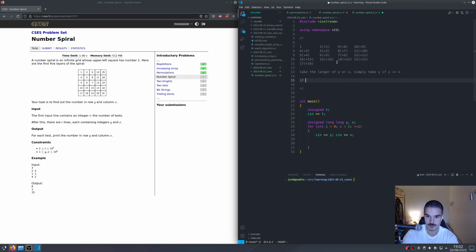If y is larger, if y is even, x0, or I guess we'll call it x1, x1 is equal to y squared.